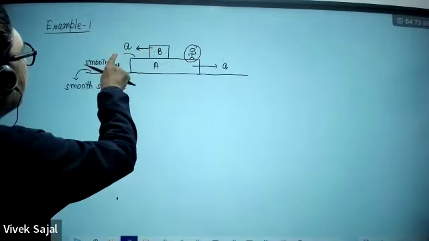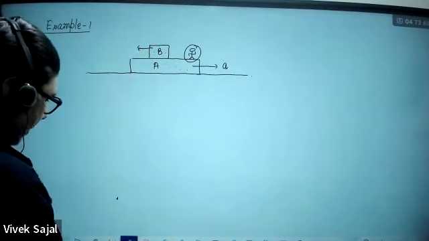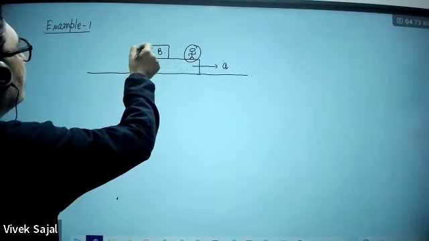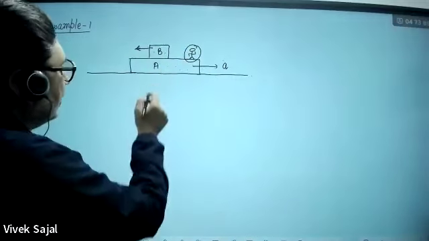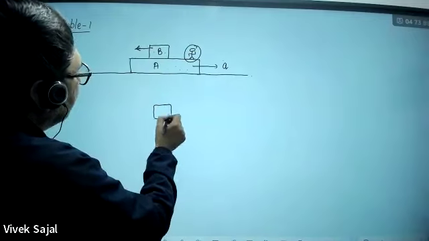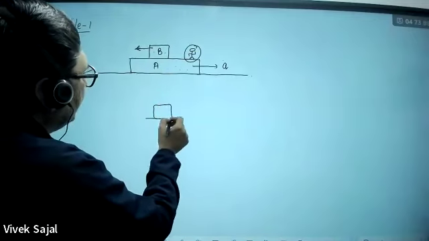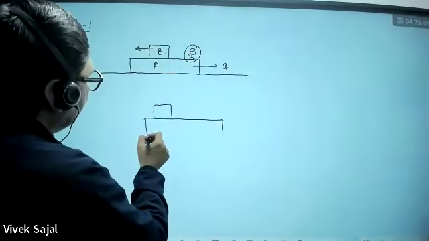Try to understand, here no force is acting on it. But if this person is looking, after some time, what is going to happen? This B will be at the same place, and this A will be here. So after some time, this will be the situation.